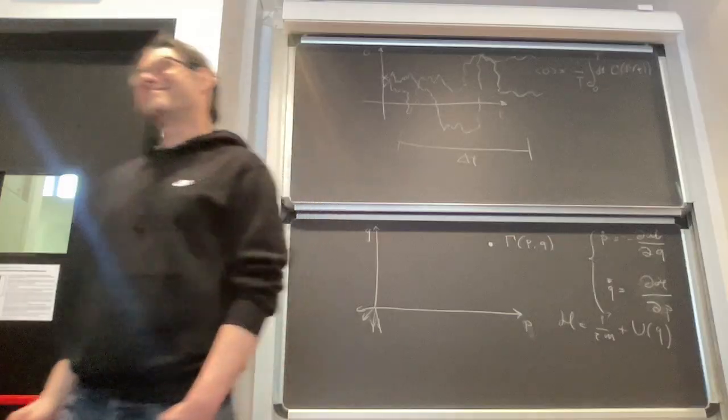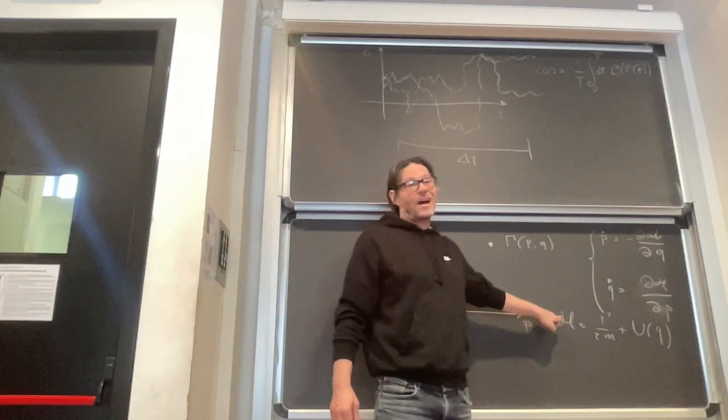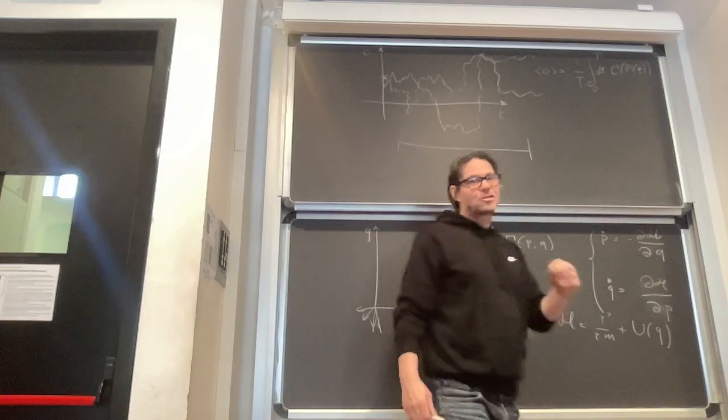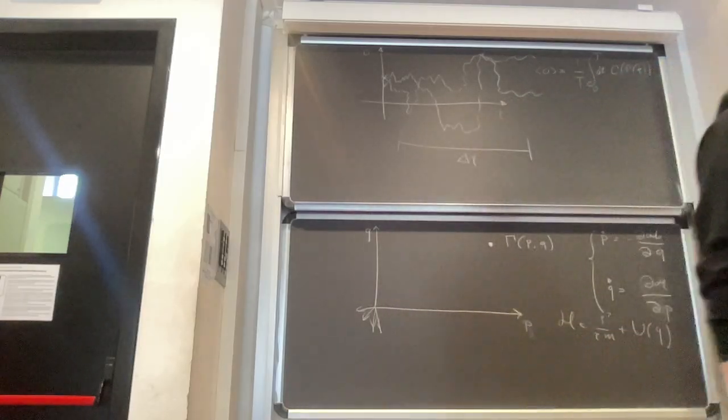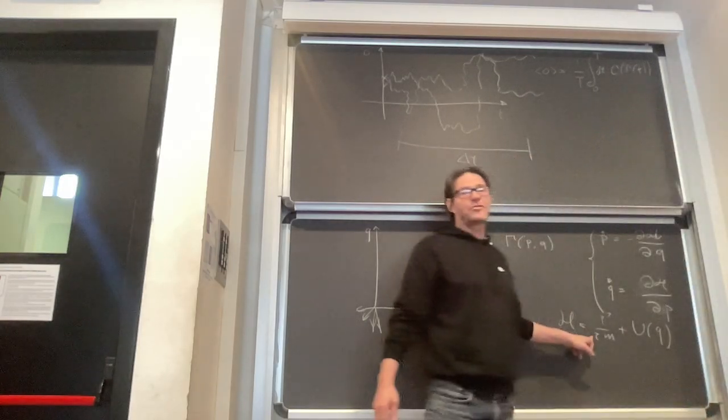Well, this is a bit of a stretch. If you go back to your second year, the Hamiltonian is derived from the Lagrangian through a Legendre transformation. So it doesn't necessarily have to take this form.